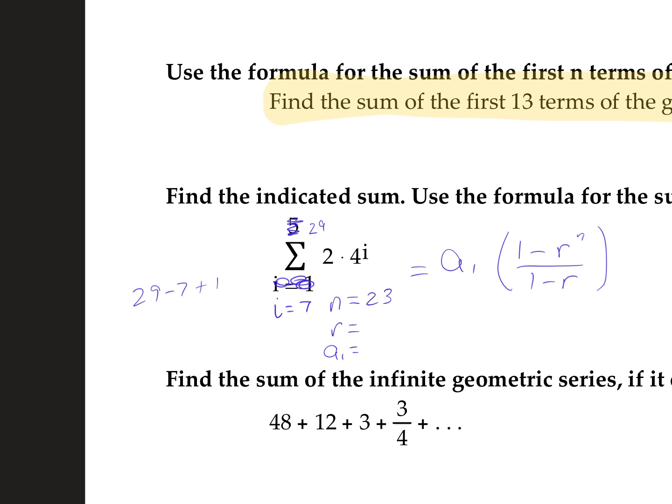What is your r? What is happening each time? It's 4. Good. And then how do you find the first term? You plug in 7 because the first term we're looking at is 7.